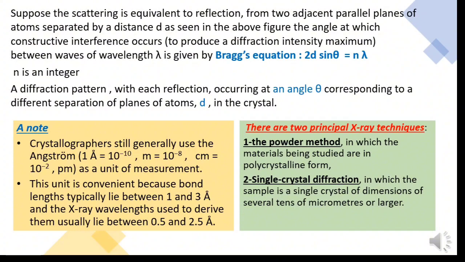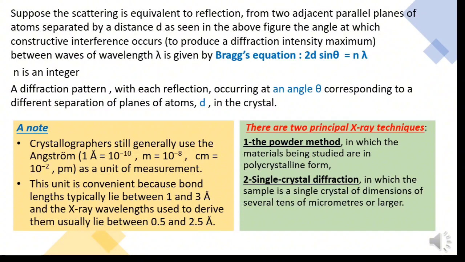The angle at which constructive interference occurs to produce a diffraction intensity maximum between waves of wavelength lambda is given by Bragg's equation: 2d sin theta = n lambda, where n is an integer. A diffraction pattern has each reflection occurring at an angle theta, corresponding to a different separation of planes of atoms, d, in the crystal.